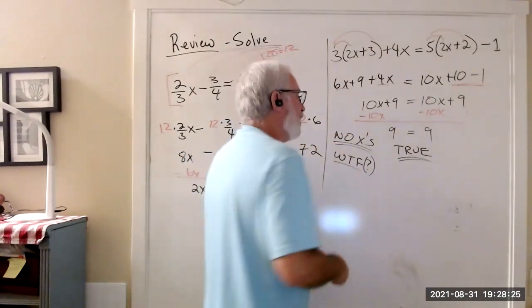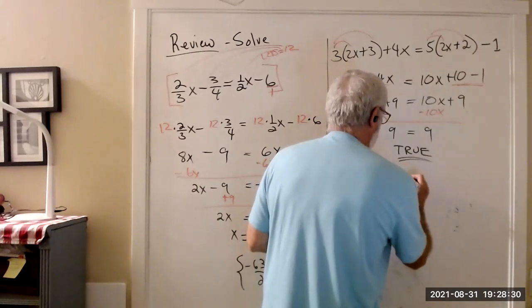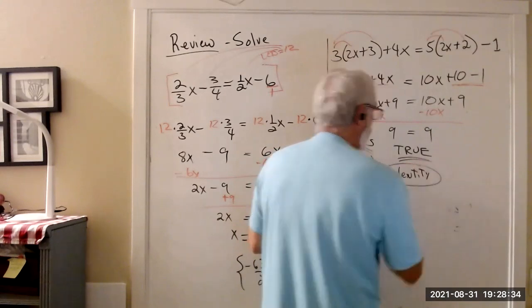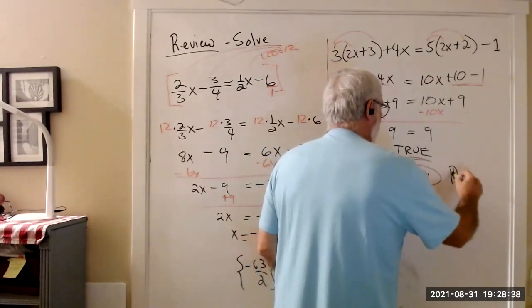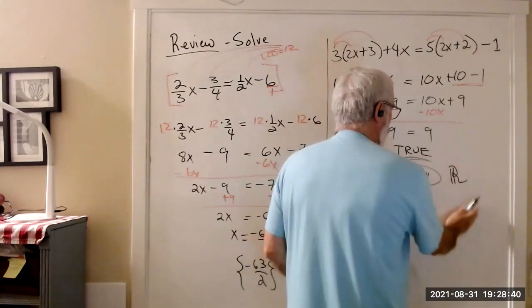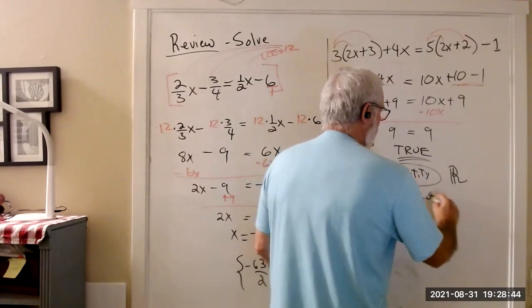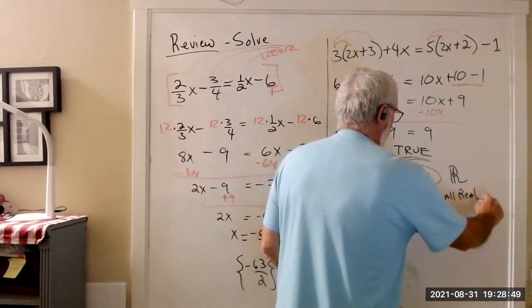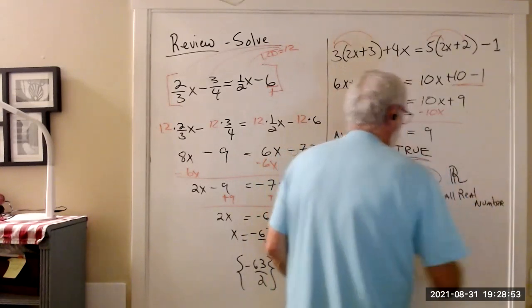So this is given a special name. It's called an identity. You can write that, or you can write a fancy R, like a scripted R, which means the set of all real numbers, which basically says everything.